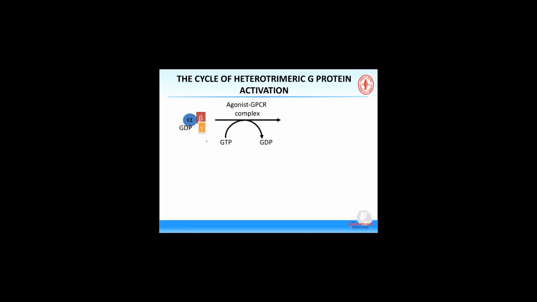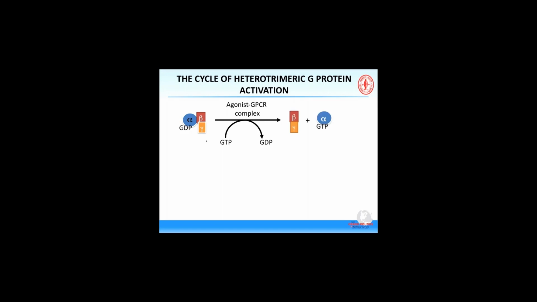When an agonist receptor complex, and here I'm talking about a 7 transmembrane receptor or a GPCR that is activated by an agonist, interacts with that heterotrimeric G protein, the function of this complex is to exchange the GDP that was bound to the alpha subunit for ambient GTP.